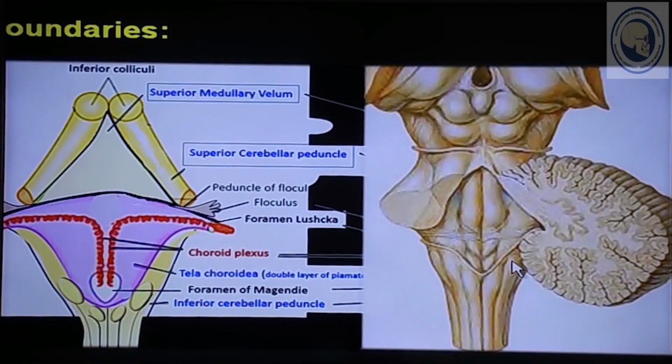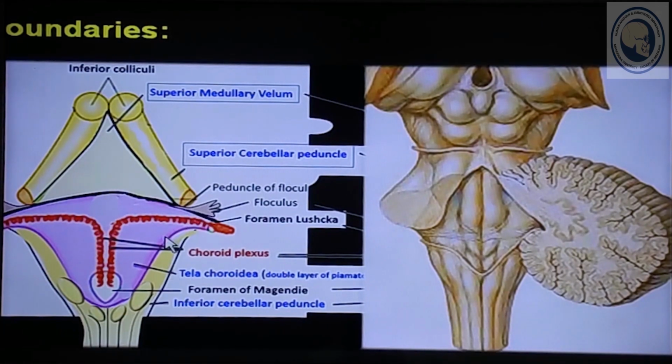The roof also is formed of three structures. Firstly, we will have a membrane closing the gap between the two superior cerebellar peduncles. It is named the superior medullary velum. Also, we will have a membrane closing the gap between the two inferior cerebellar peduncles, this violet one, which is called the inferior medullary velum.